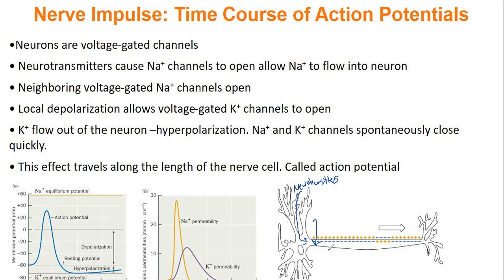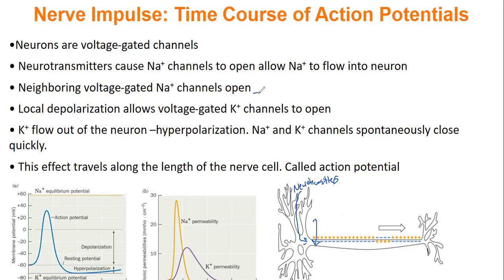And my animation got stuck there, but usually the inside of a neuron's negative when our sodium goes in. This causes our cell to be positive on the inside. This has a lot of different effects.